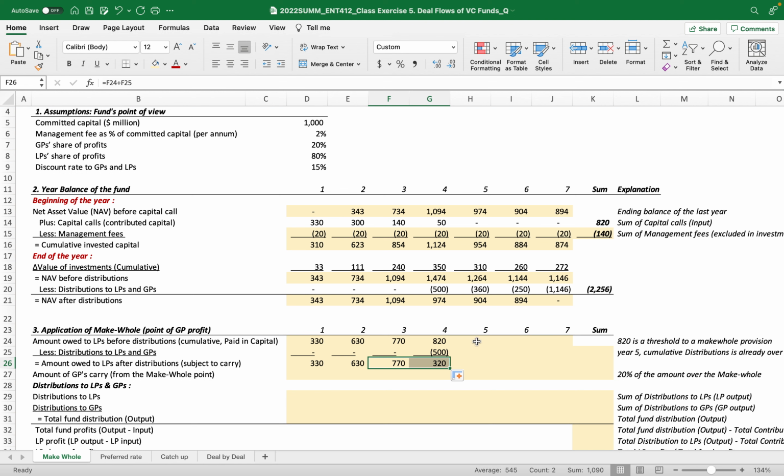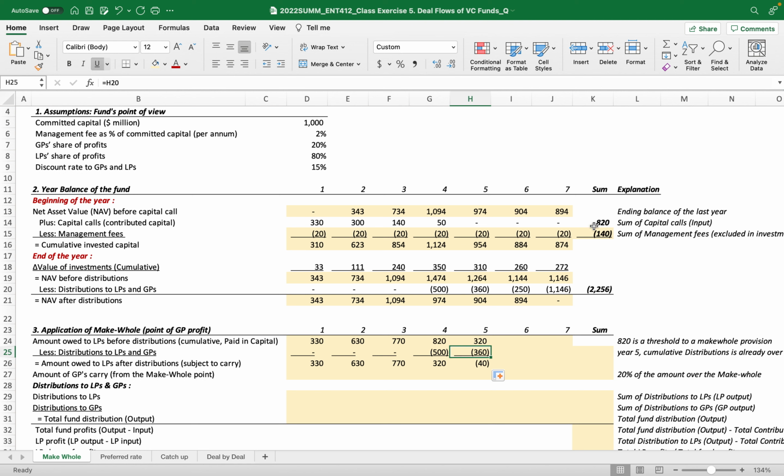And then next, year 5, the same process. Let's go one by one. Now 300 here and 360. Now I'm going to drag just one more step here. What does that mean? Amount owed to LPs after distribution subject to carry. Now 500, 360, in total 860.